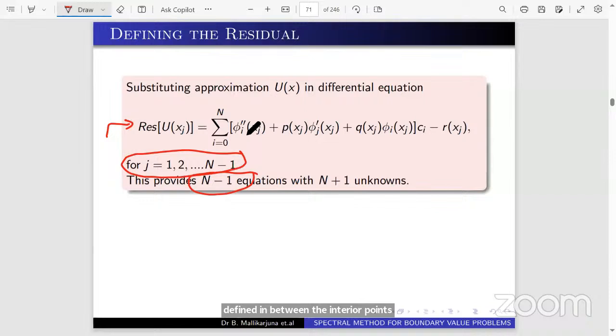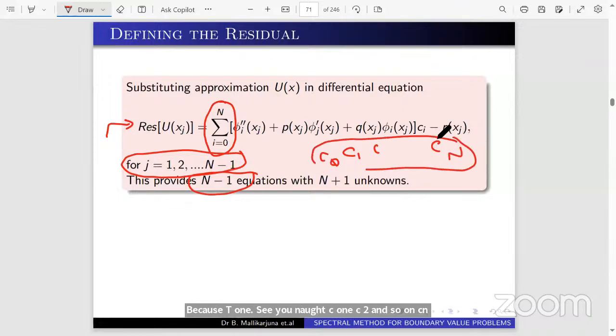But the unknowns are C0, C1, C2, and so on, Cn. There are n plus 1 unknowns with n minus 1 equations. As we know from algebra, for a system of equations, only when the number of equations is equal to the number of unknowns is there a chance of getting a unique solution.